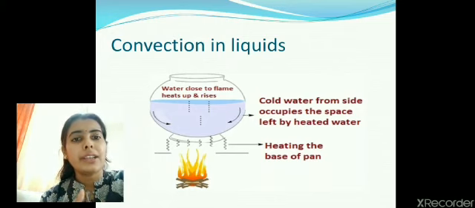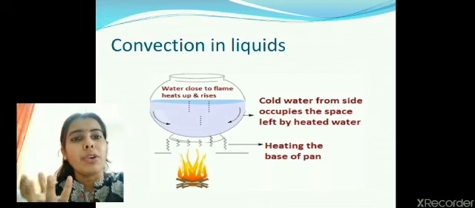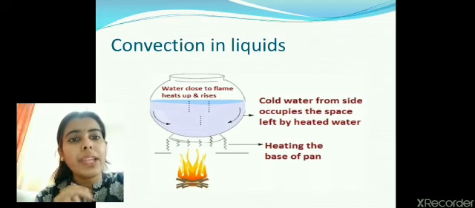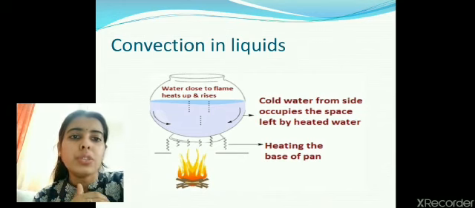When we heat any liquid, let's say water, if we are keeping a pan or a beaker filled with water on heat, heat energy is being transmitted from the source of the heat to the container or the beaker. First of all, the molecules which are closer to the heat will acquire the heat.